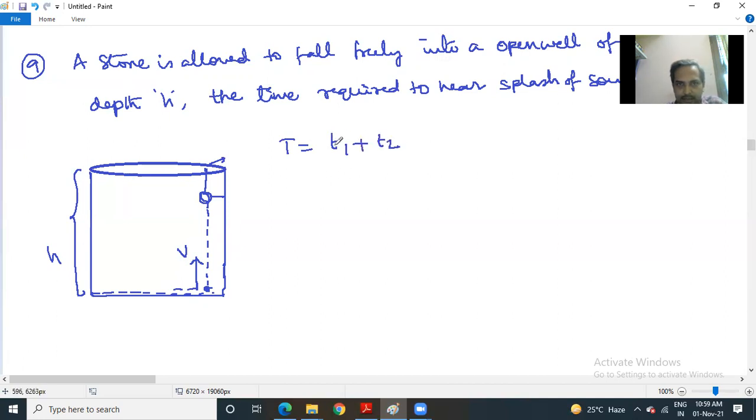So T1 is the time taken, like a freely falling body, to travel a depth of h. So h is equal to half g T1 square, so you will get T1 is the square root of 2h by g, since we have written repeatedly that it is moving down, negative h and negative g, so you don't need to write it.